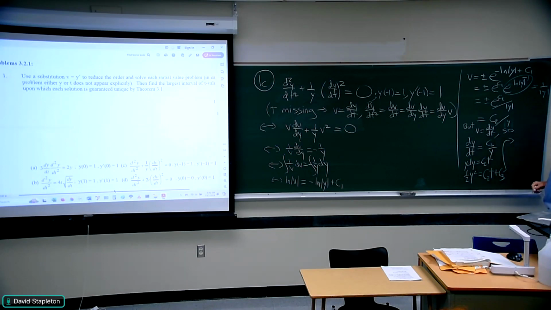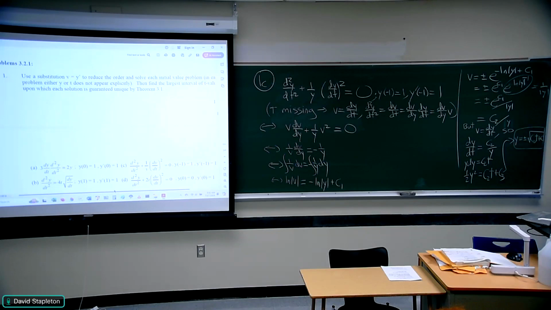Whereupon I multiply by 2 and take the square root and get y equals plus or minus square root of twice c2 t plus c3. Well, we could call it c0 t plus c, where c0 is twice c2 and c is twice c3. And so there are the solutions. You get then something that looks like that.